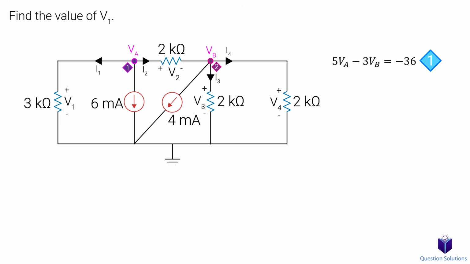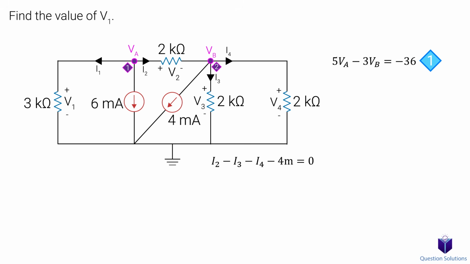Now we look at node 2 and write a KCL. We have I2 coming in, I3 leaving, I4 leaving, and 4 milliamps leaving. If you're comfortable, you can directly write your equations in terms of node voltages without considering voltages in the resistors. But for this example, we will go step by step.